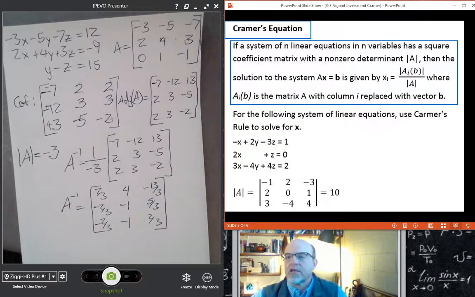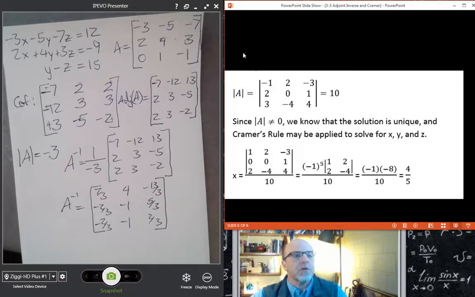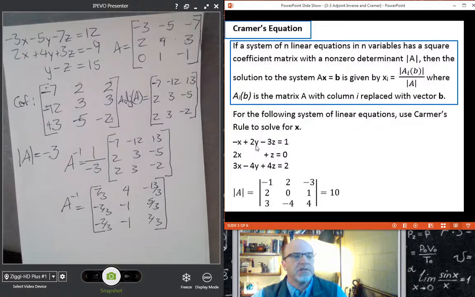In this case, you can calculate the value of x, the value of y, and the value of z separately, just simply by working with the determinant and then separately calculating the determinant in each case when you replace the first column of matrix A with the constants, in this case 1, 0, 2, and then we'll solve for y by replacing the second column with 1, 0, 2, and then you can solve for z by replacing the third column.